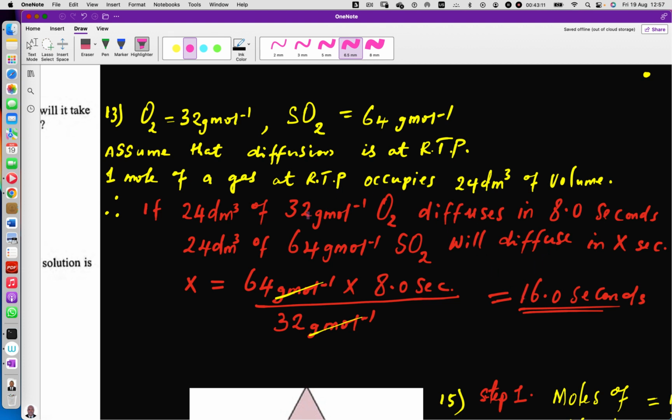In other words, Graham's law of effusion states that the diffusion of gases depends on the mass or the molecular weight of the gas. Gases with low molecular weight will diffuse faster than gases with high molecular weight.